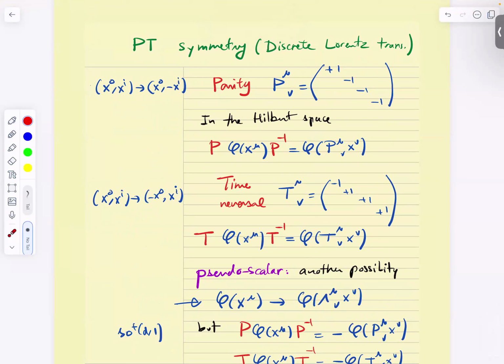All right. So what's the R? Reflection. What is parity? Take all the spatial directions and send all xi to minus xi, doing nothing to time. What is reflection? You take one of the spatial directions and just flip its sign.